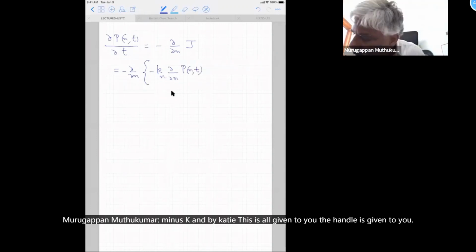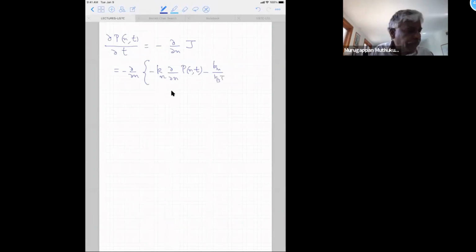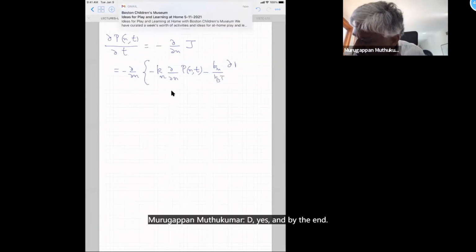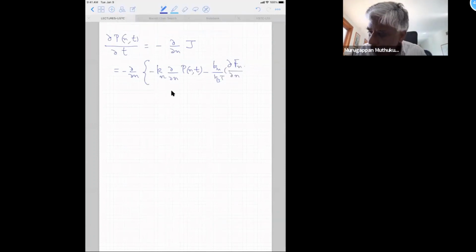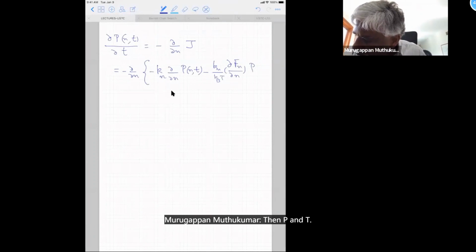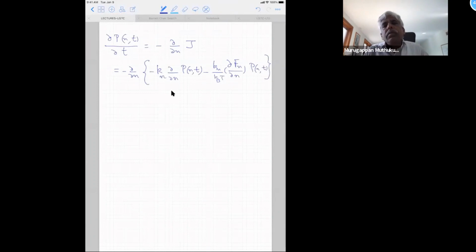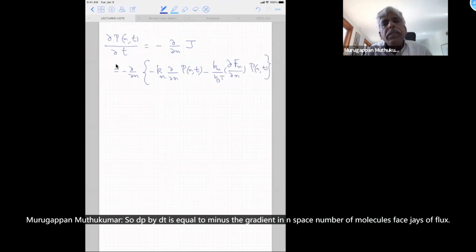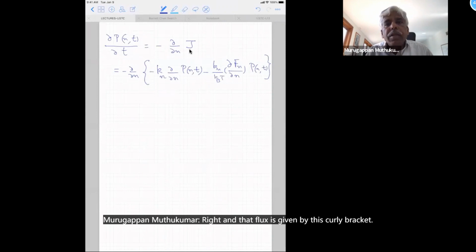Minus Kn by kT, times dFn by dn, times P n t. This is all given to you; the handout is given to you. So dP by dt is equal to minus the gradient in n space, number of molecule space, of J, which is a flux, and that flux is given by this curly bracket term.